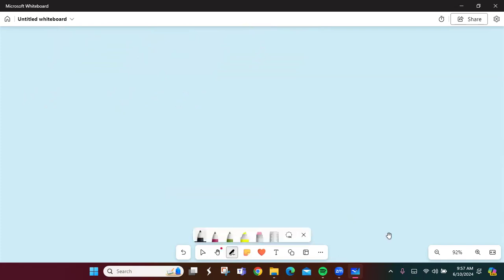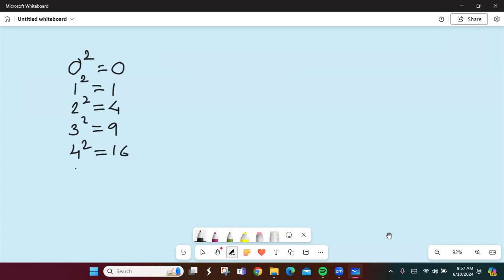First is 0, and as you know, 0 square is 0, 1 square is 1, 2 square is 4, 3 square is 9, 4 square is 16, 5 square is 25, 6 square is 36, 7 square is 49, 8 square is 64, and 9 square is 81.